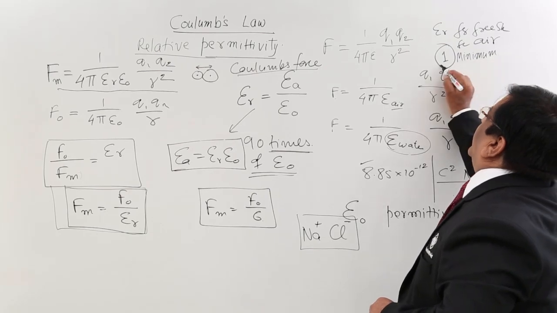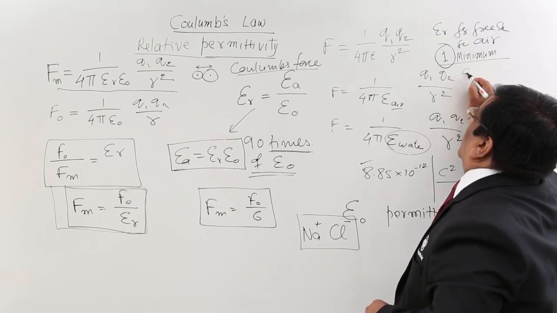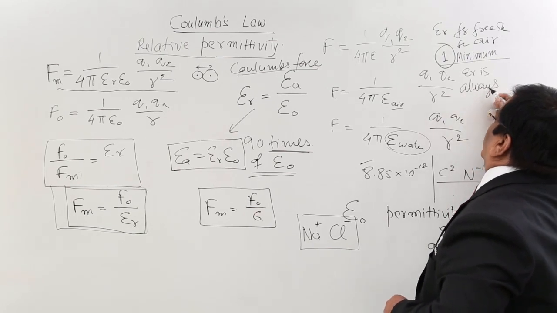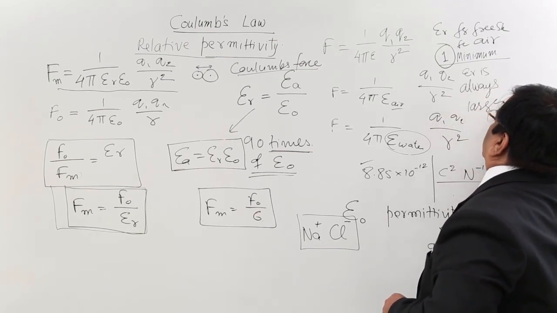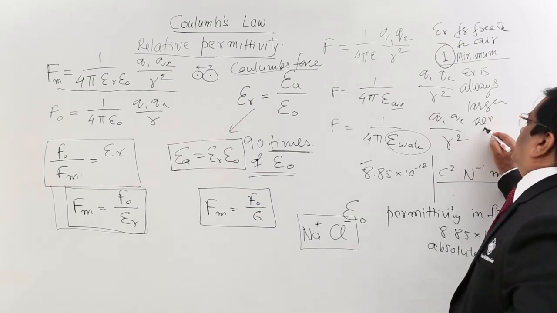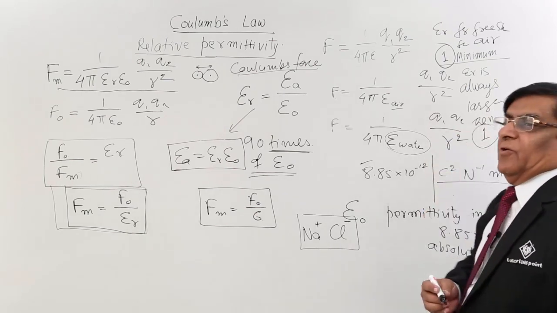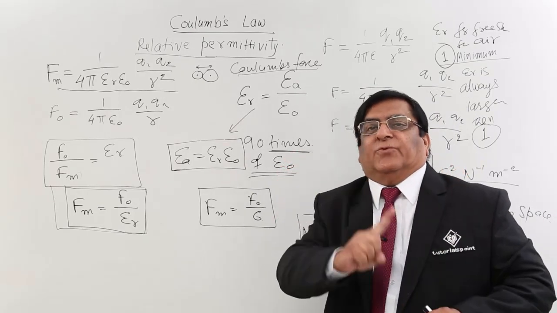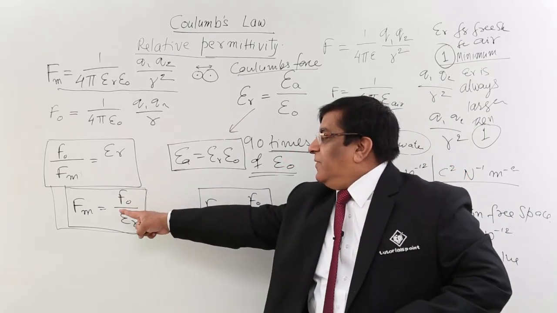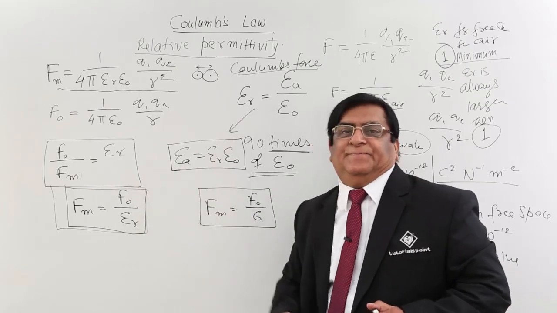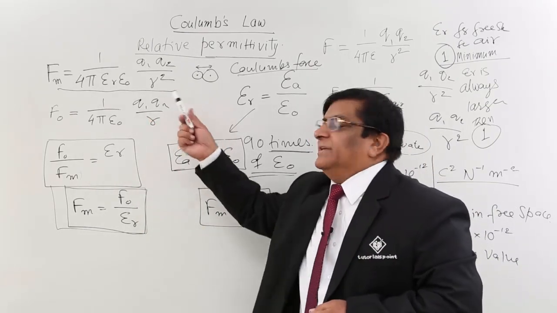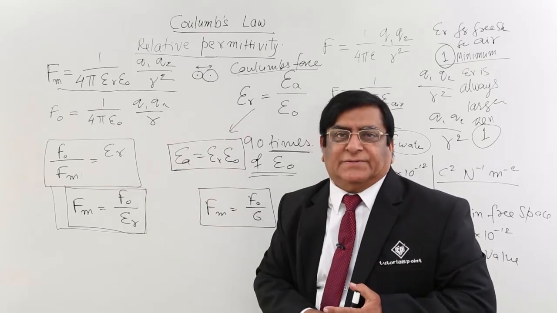For any other medium, ER is always larger than 1. That means for any medium between the two charges, the force will always decrease. So this is relative permittivity, and this is how it is to be used in the formulations. Thank you.